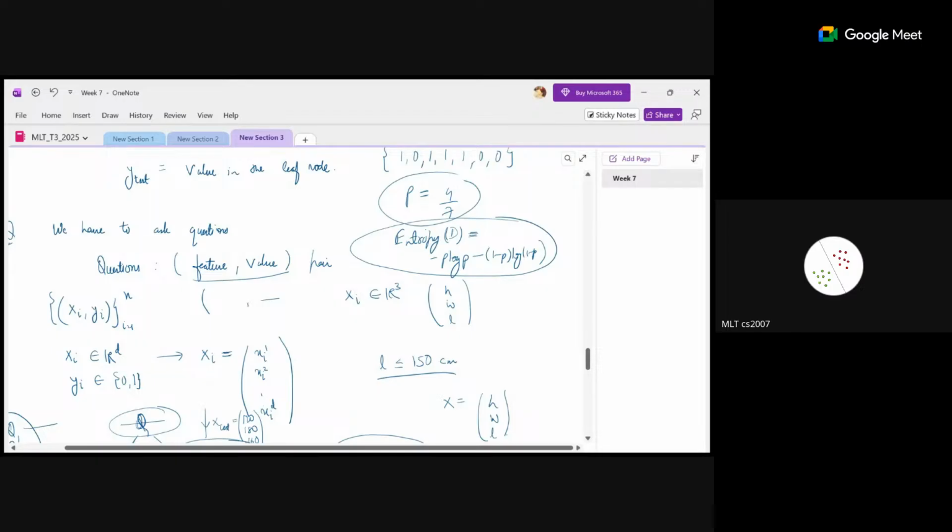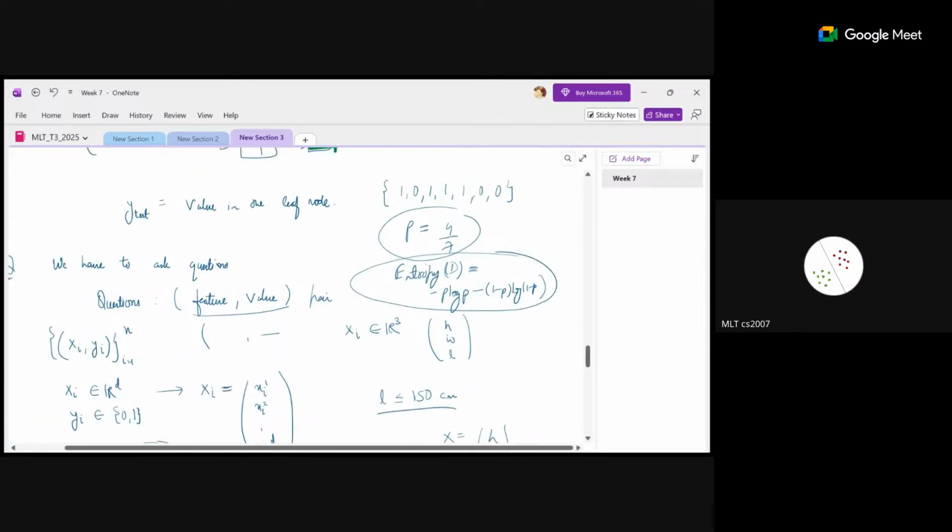Maybe you are given the P, maybe you're not. Maybe you're just given the data set and from there you have to figure out what your P is. And in some cases, if your question is theoretical or context based, the value of P may be hidden somewhere and you have to figure out what your P is and then compute the entropy.